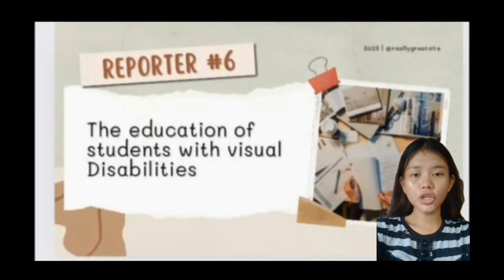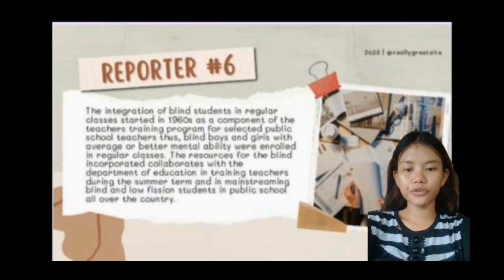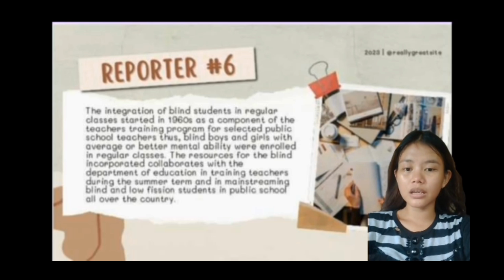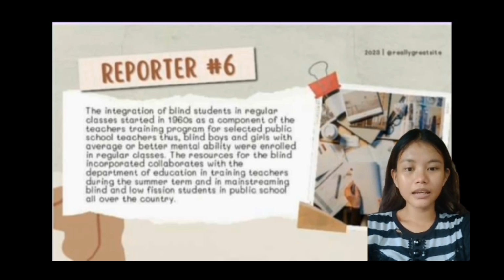So, on the education of students with visual disability, the integration of blind students in regular classes in the Philippines began in the 1960s. Initially, only selected schools such as those in Pasay City, Manila, accepted students with disability.